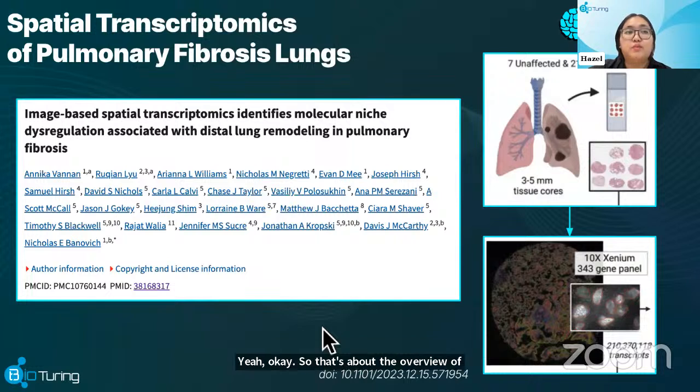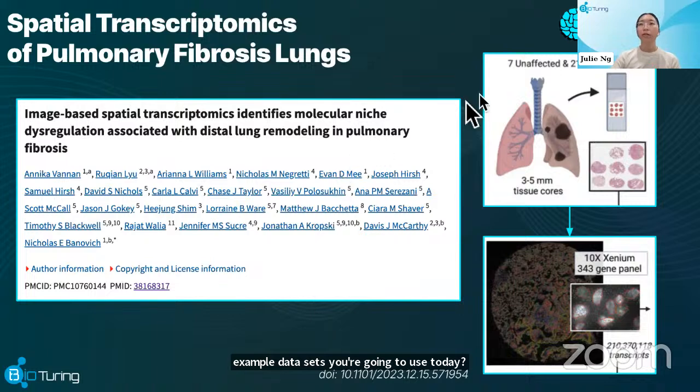Now, Julie, can you please give us an introduction to the example data sets that you're going to use today? In this analysis, this is the data set that I used. The authors took 7 unaffected samples, meaning 7 healthy or normal samples, and compared them against 21 pulmonary fibrosis samples.